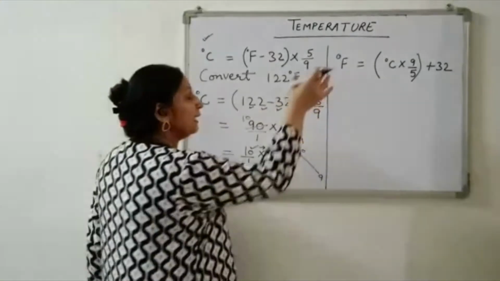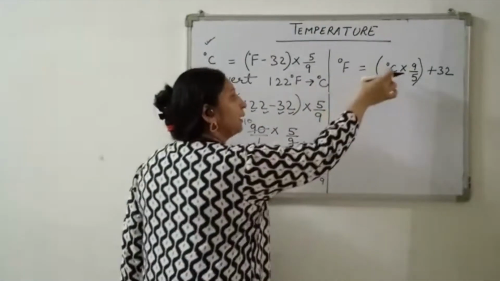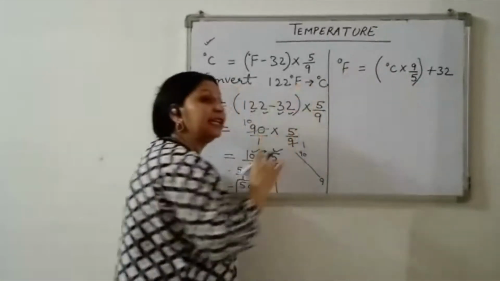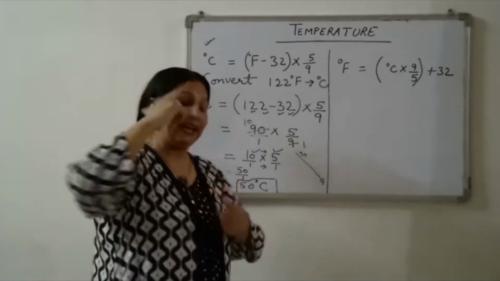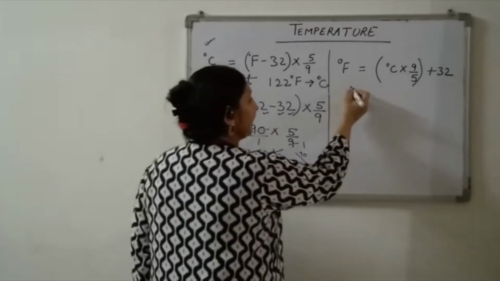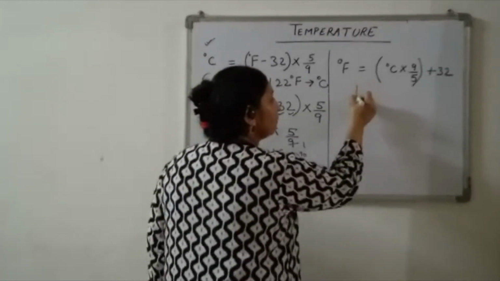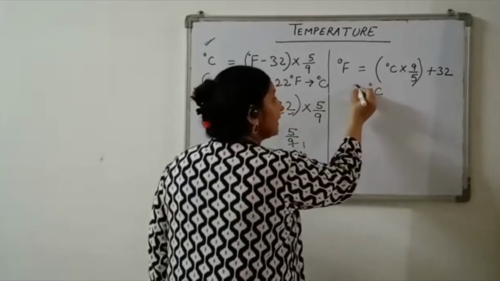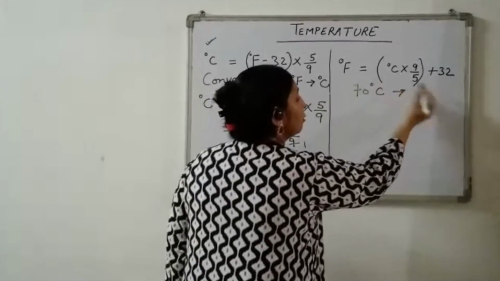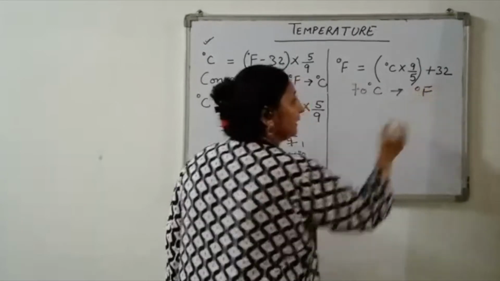Now here we are going to convert degree Celsius value to degree Fahrenheit. Suppose there is a hot glass of water and its temperature is, let's say, 70 degree centigrade. Yes, and now we are going to convert this into Fahrenheit scale.